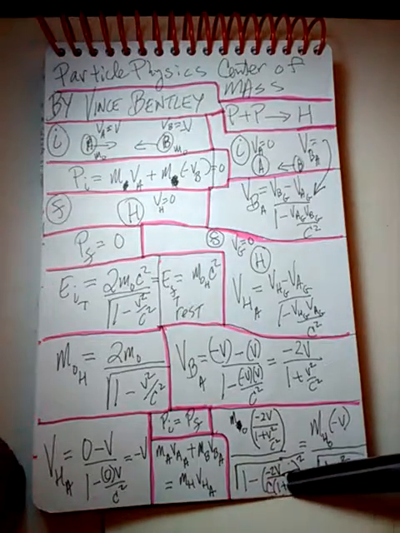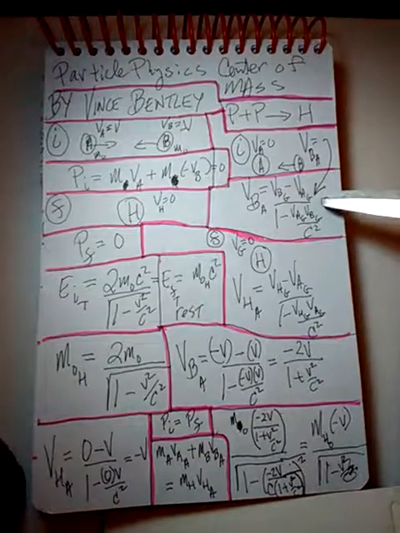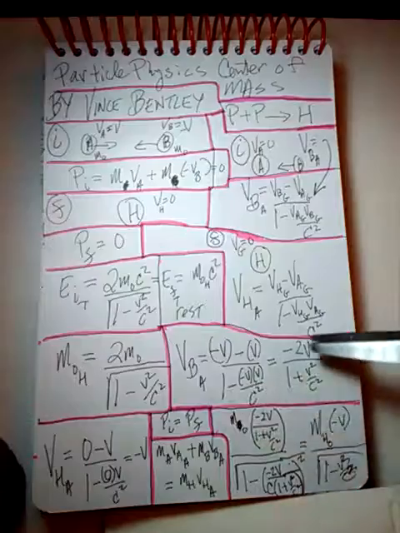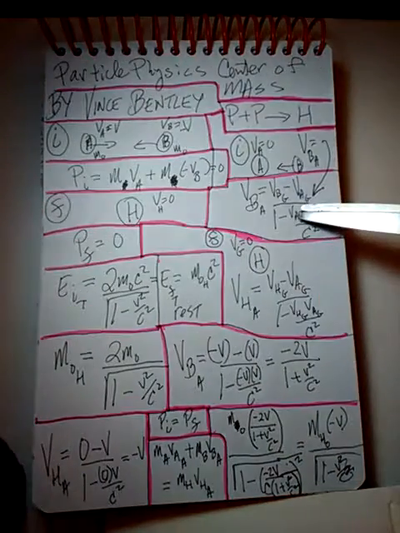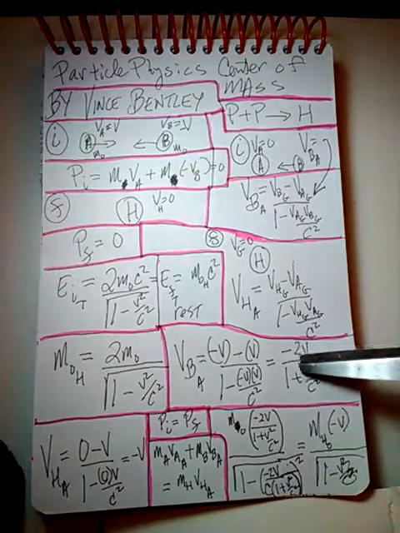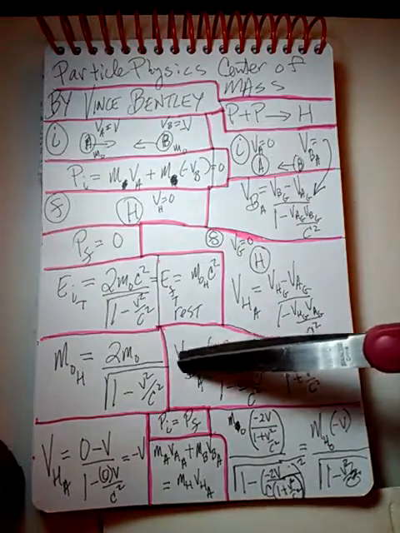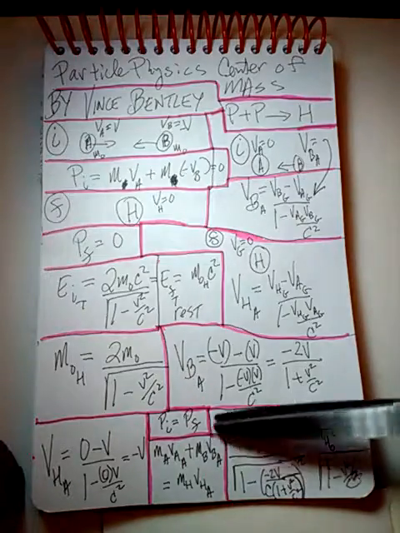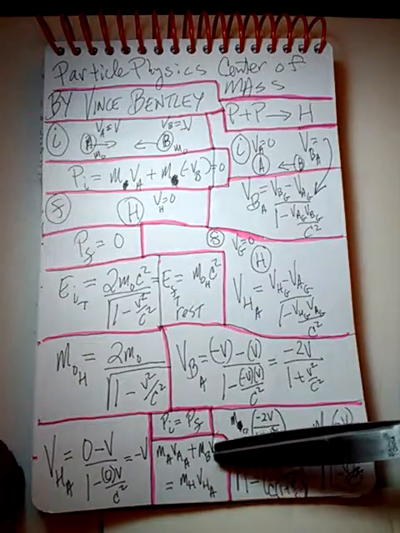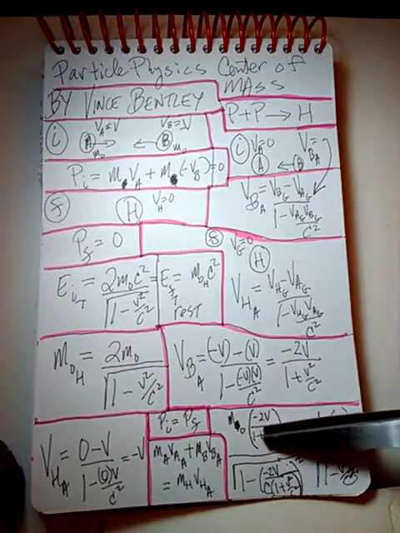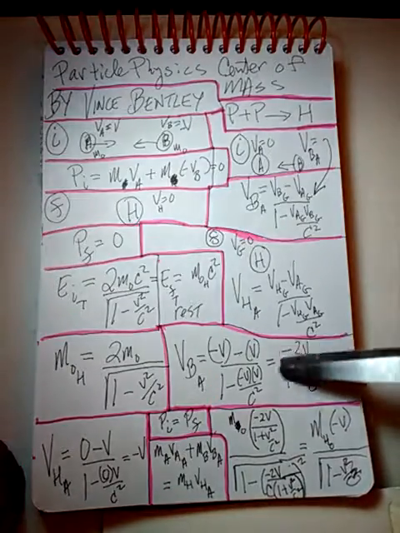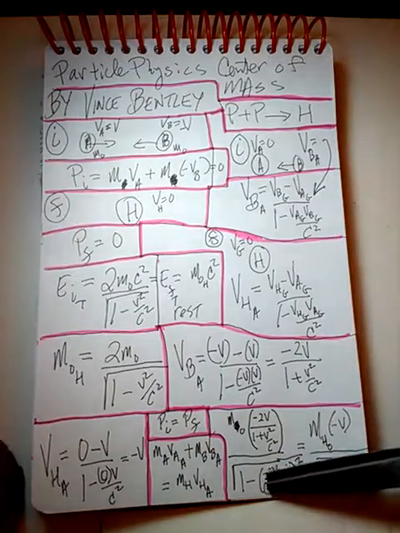And the velocity of B with respect to A was this term right here. So we're going to take the velocity of B with respect to A and type it in right there, and it's also going to have to be typed in for the relativistic mass, so this will have to be typed in down here also.